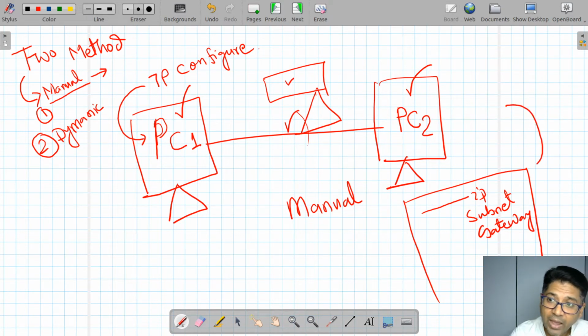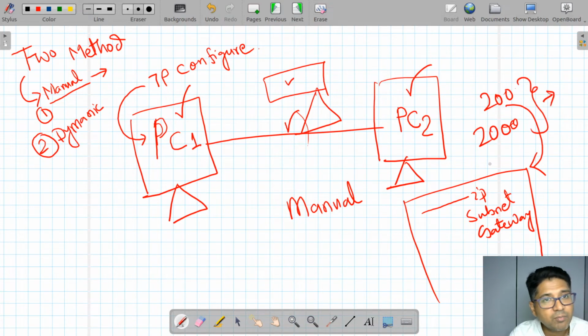But if you have 200 PCs or 2000 PCs or any big number of hosts, you can't remember, and that is going to be very tough to manage. Are you agree? Yes, sir. Because you have to remember to whom you gave which IP, because you have to give a unique IP to everyone.